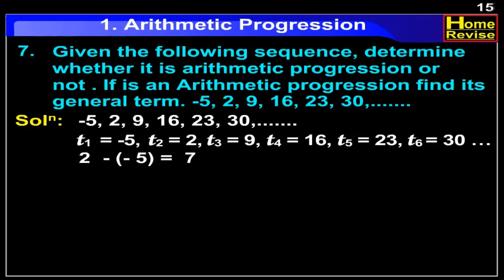Now, 2 minus 5 is equal to 7. That is, T2 minus T1 is equal to 7.